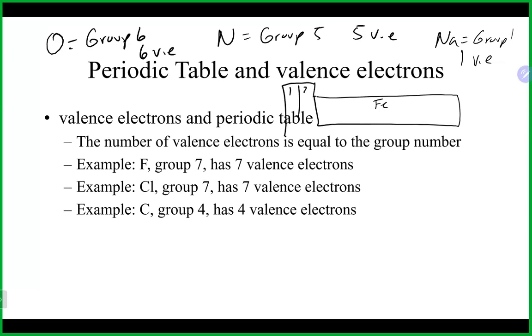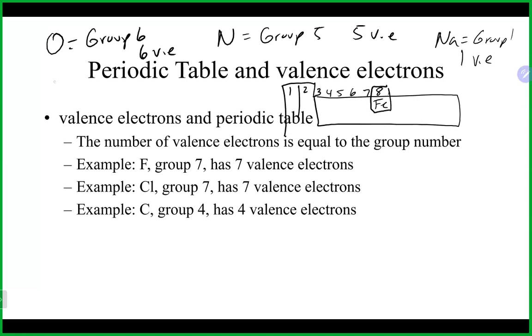We have group 1, group 2, and then we do the 1 through 18 numbering in this case. This would be group 3, 4, 5, 6, 7, and we'll spread it out there, 8. So iron would actually have 8 valence electrons.